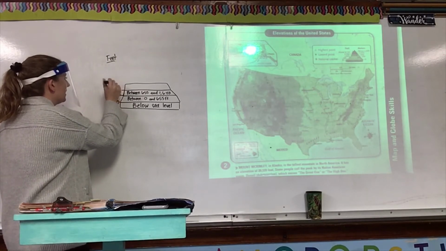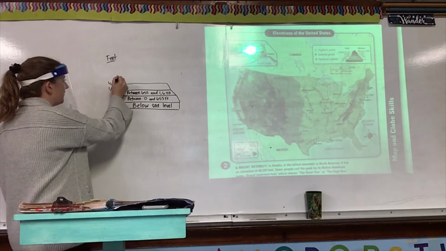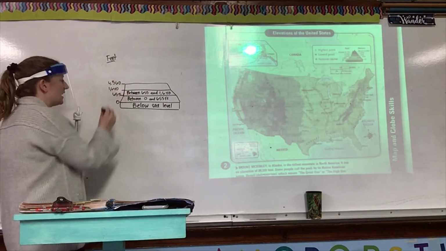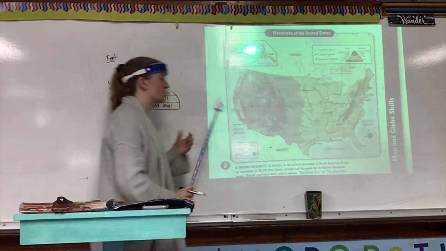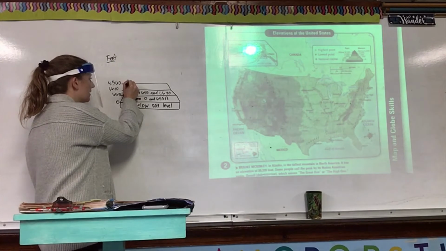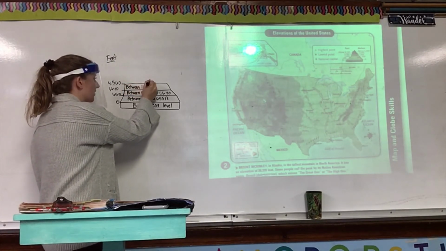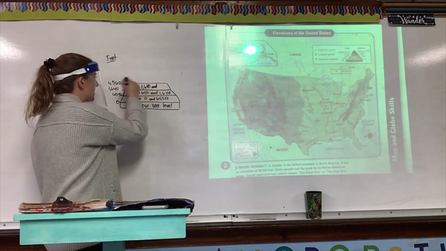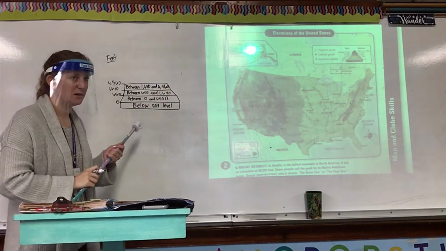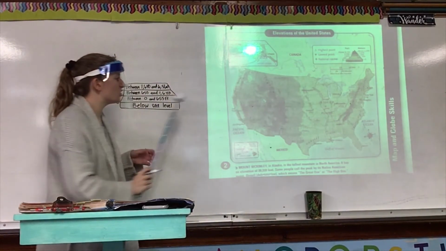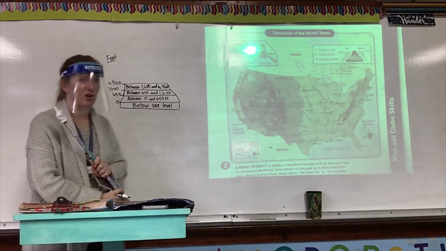Good. Not 16, Carla, but 60. 6,560 feet is at the top of the orange. That means any land that is orange at its lowest is 1,640 feet, and at its highest is 6,560 feet. So that means any land that is orange is between 1,640 feet and 6,560 feet.